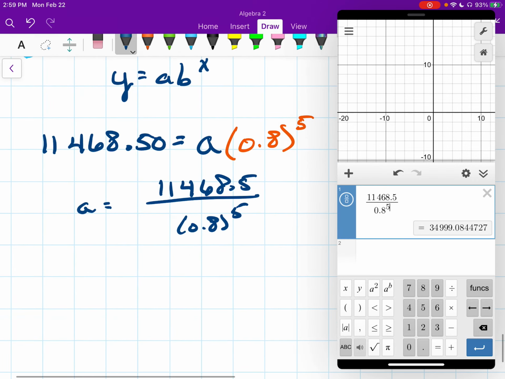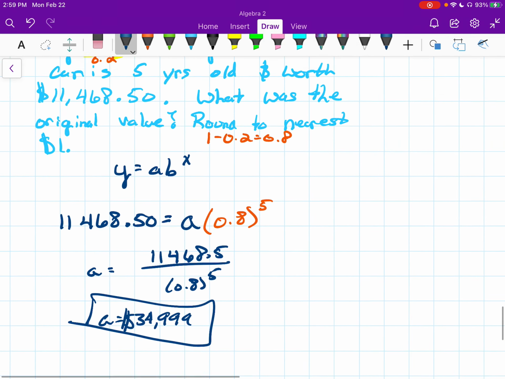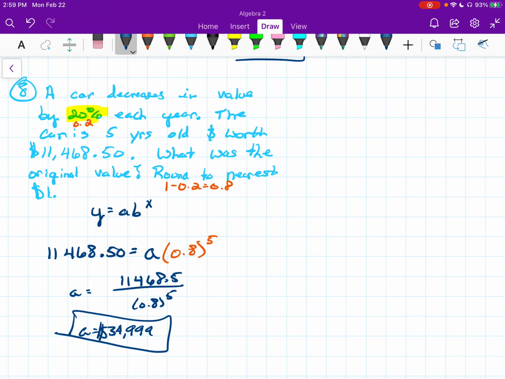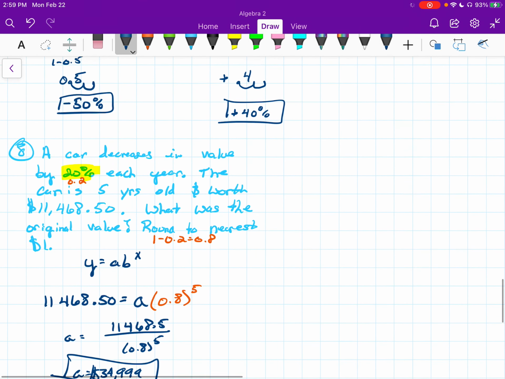So what we get is A equals 34999, and we're supposed to round to the nearest dollar, so I'll just leave it at that. So $34,999. That was the original retail value of it. Like I said, that's a little bit of an exaggeration of cars, but it shows how this can be used. Let me know if you have any questions, and good luck on the homework.